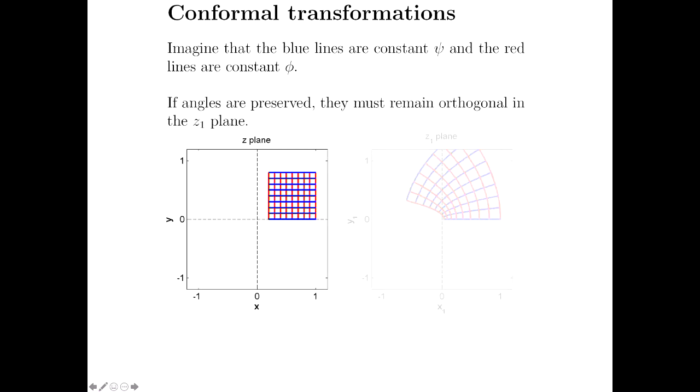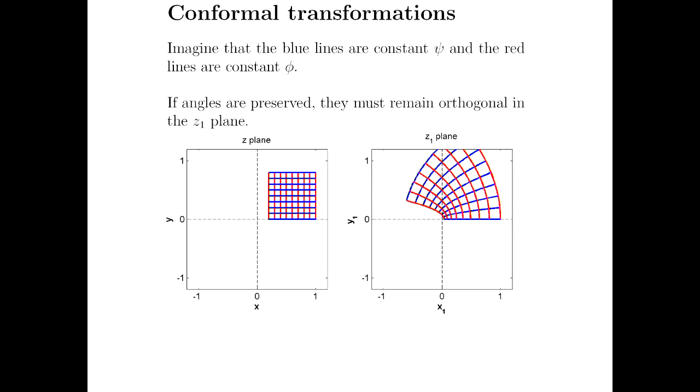Very good. If angles are preserved, they must remain orthogonal in the Z1 plane, the transform plane, which means that in the Z1 plane I can write my Cauchy-Riemann equations as well, but this time in terms of x1, y1.